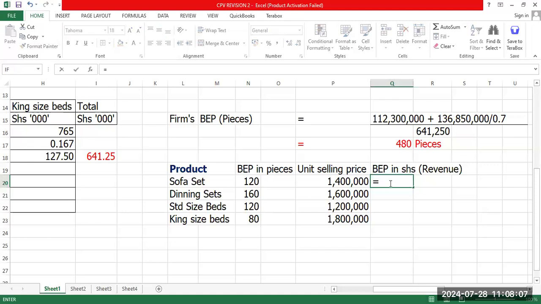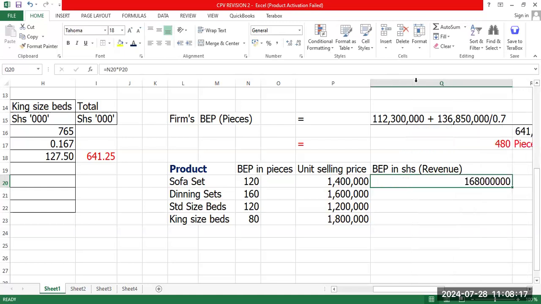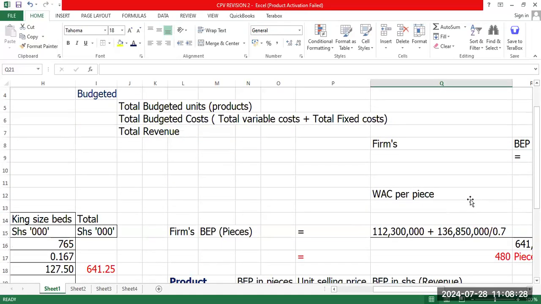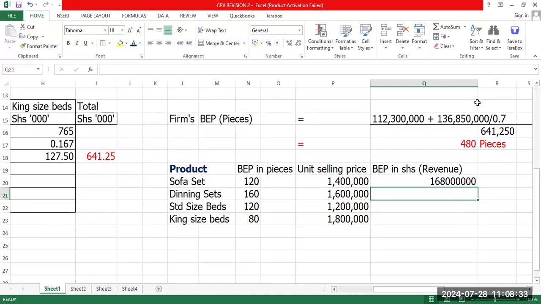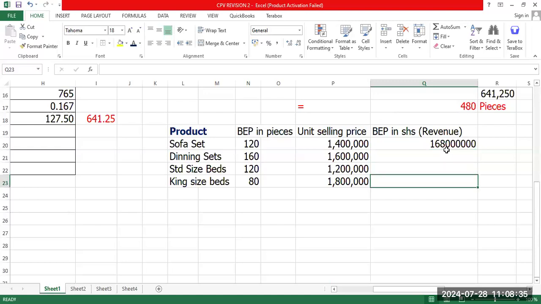So how do you get this? You get break-even point in units, then you multiply by unit selling price. You do the same for the others.